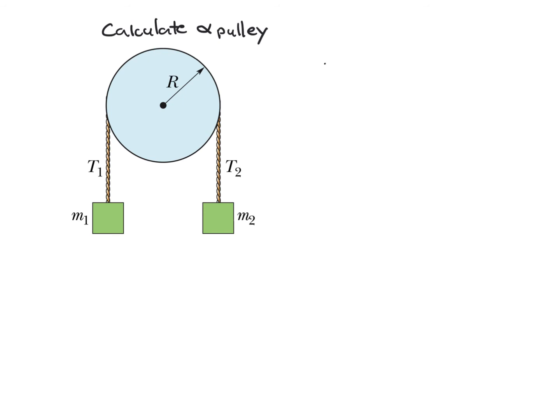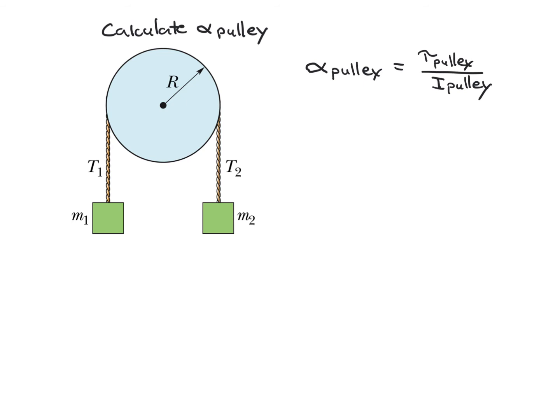Well, because the pulley has mass, it has a rotational inertia, and the governing equation that we're going to make use of is that the angular acceleration of the pulley is given by the net torque on the pulley, which we'll call tau sub pulley, divided by the rotational inertia of the pulley.